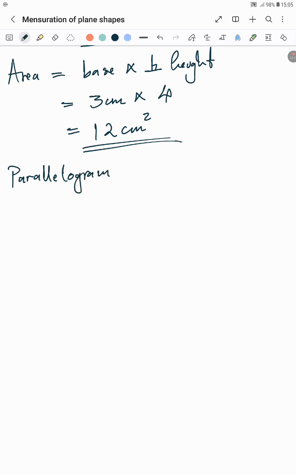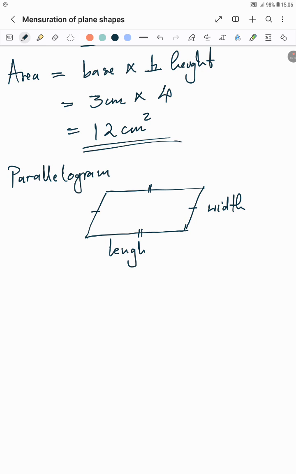So a parallelogram, in a way, is almost the same as a rectangle because it has 2 pairs of equal sides. So this side is equal to this side, and this side is equal to that side, which means if this side is the width and this side is the length, then we've got 2 lengths.